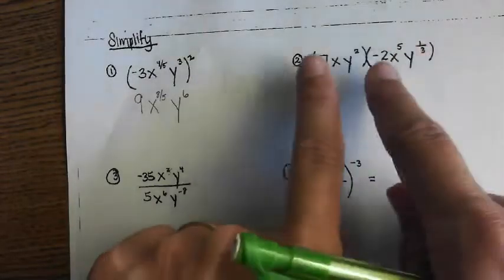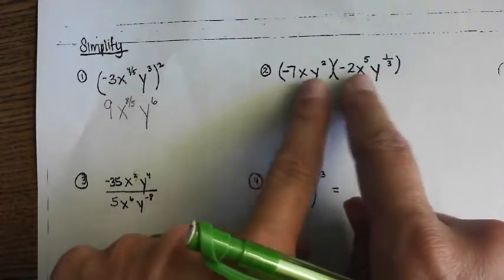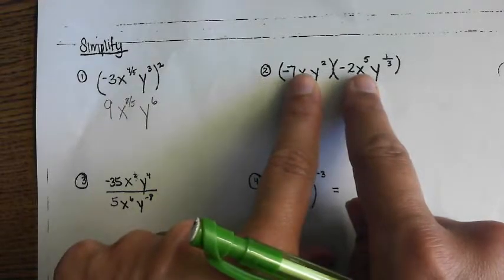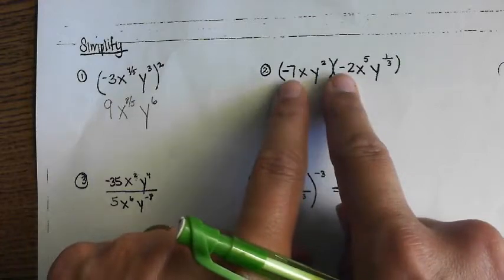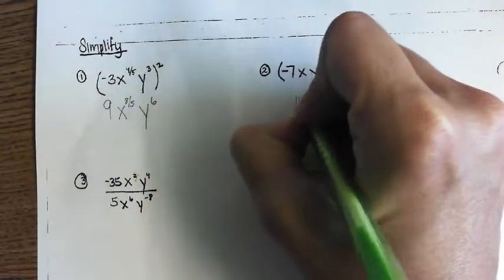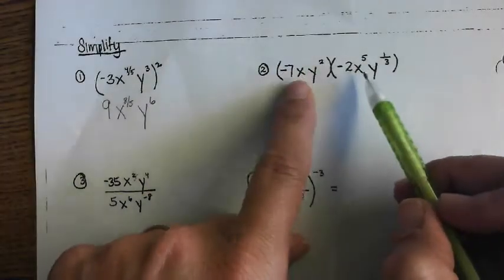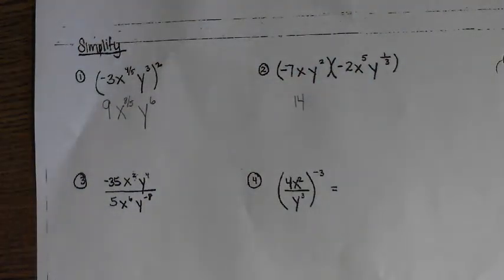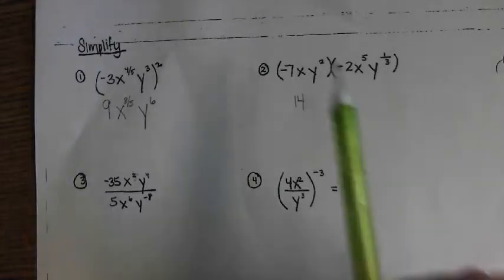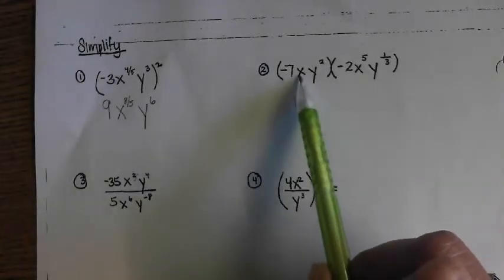Here we're kind of multiplying. These are not polynomials, so there's no distributing going on. It's just -7 times -2 is 14. What is x times x to the 5th, Haley? X to the what? Oh, that's a good question because it hasn't come up. What is technically the exponent on something if you don't see it? 1.